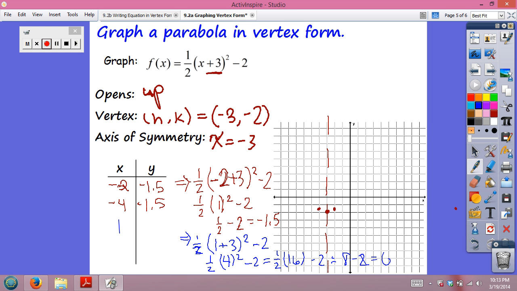So if we plug 1 in, we're going to get a 6 out. 1, 2, 3, 4, 5, 6.